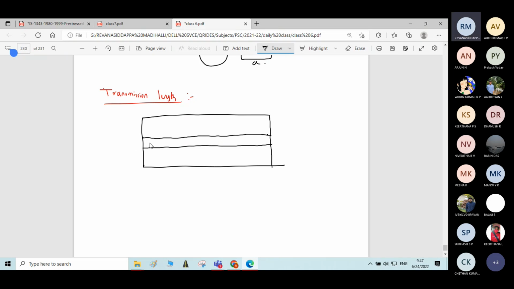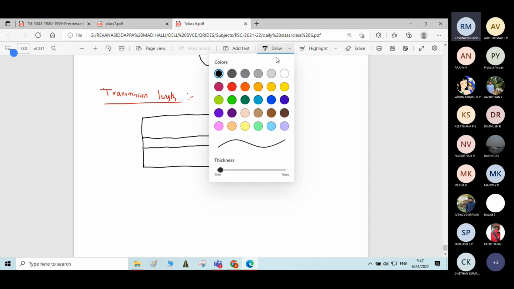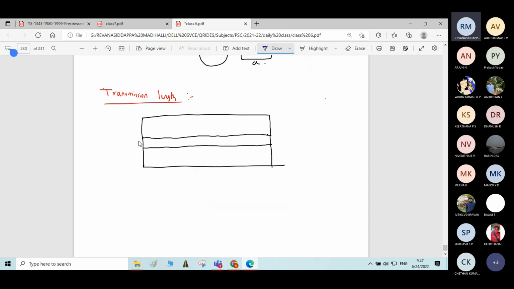Now, while doing pre-stressing, we will stretch the tendon. When you stretch this tendon, what happens? There will be reduction in the diameter, correct? Like this.